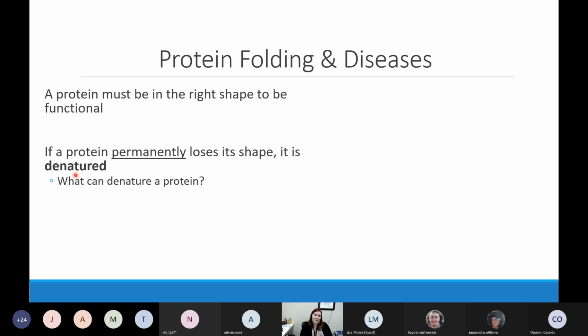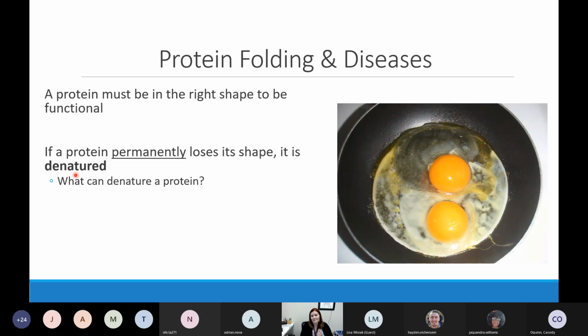There are a lot of different things that can denature proteins. Make sure to check out the guided lesson to catch them all. One in particular that I want to mention for you, though, is heat. You've actually denatured proteins before in your life if you've ever fried an egg.